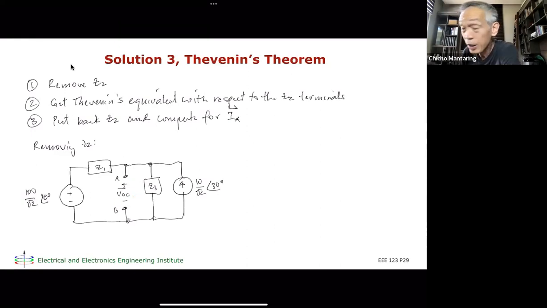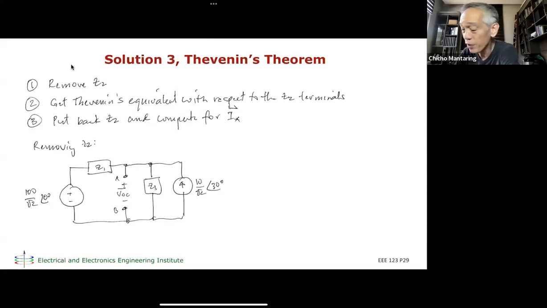When all else fails, you can always go back to the node voltage method, because you can apply it to anything. The other methods, the simplifications, are just to make life a little bit easier for you sometimes. But you can always use the node voltage method.